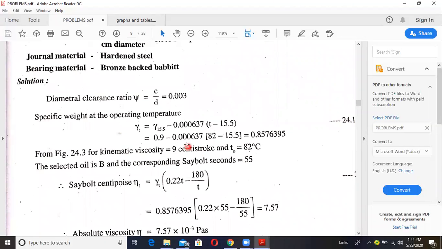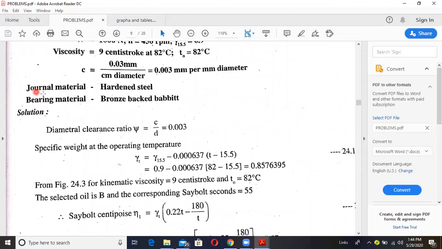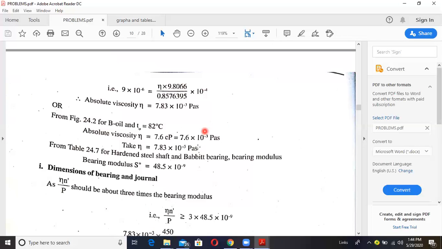Now another thing: in the question, the journal material is hardened steel and the bearing material is Babbitt material. Now by using these two materials we are going to take the bearing modulus.